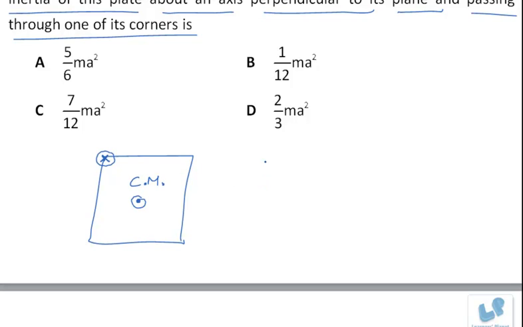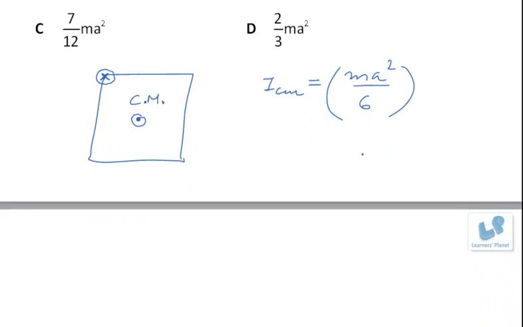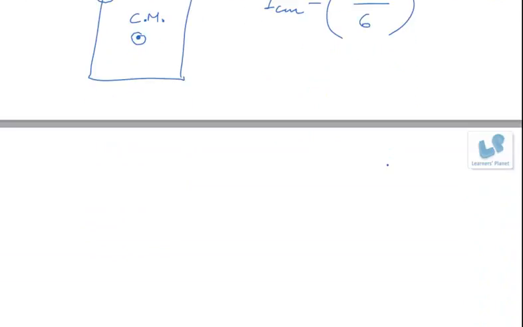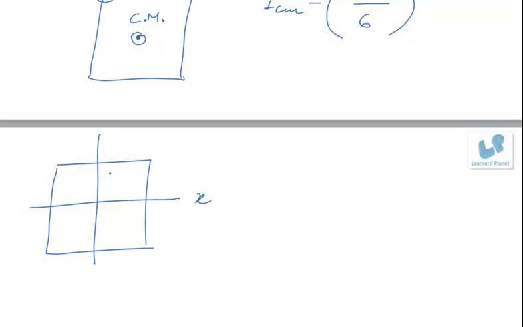So we should know the moment of inertia about an axis passing through the center of mass. So the moment of inertia about an axis passing through the center of mass is ma square by 6. This is a standard expression. Okay, if you do not know how to calculate this, I'll tell you. You take two axes, one along x, one along y.